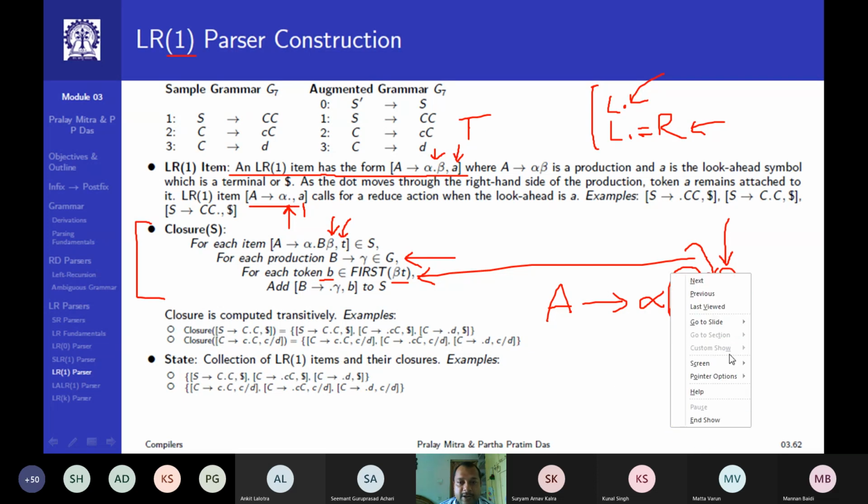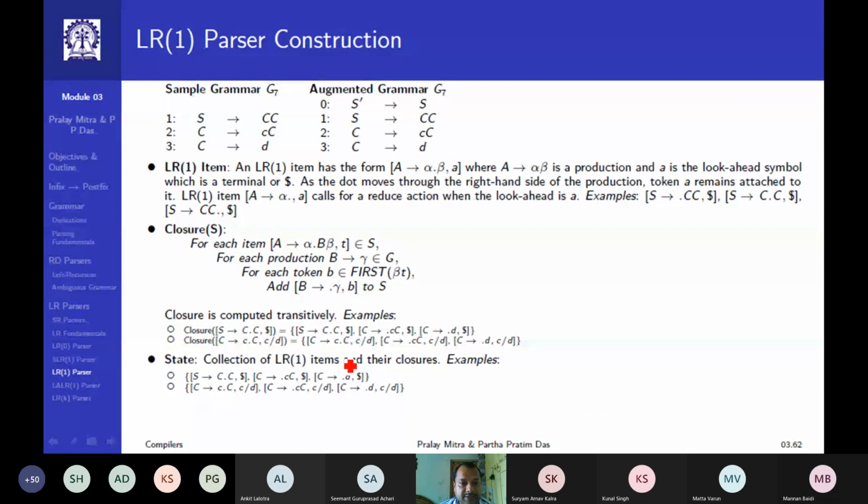And for this particular grammar, as you can see, there are possibilities from production rules second and third, that look ahead can be C or D. So if dot is placed here, one situation is this production rule, another is this one. That's why in the item you see C derives small c dot capital C, comma, look ahead C or D.